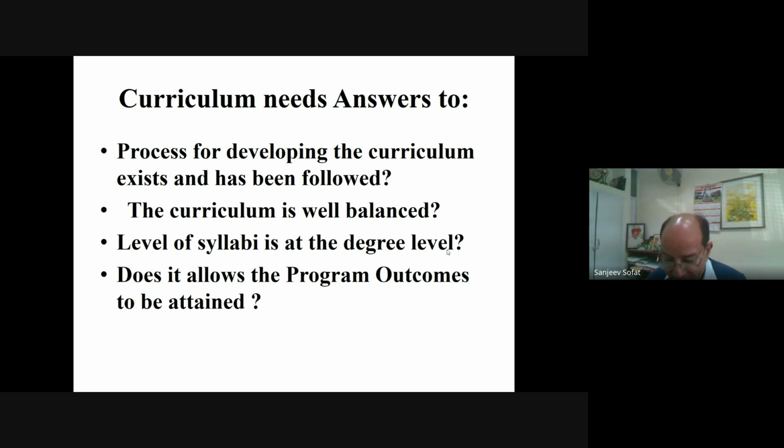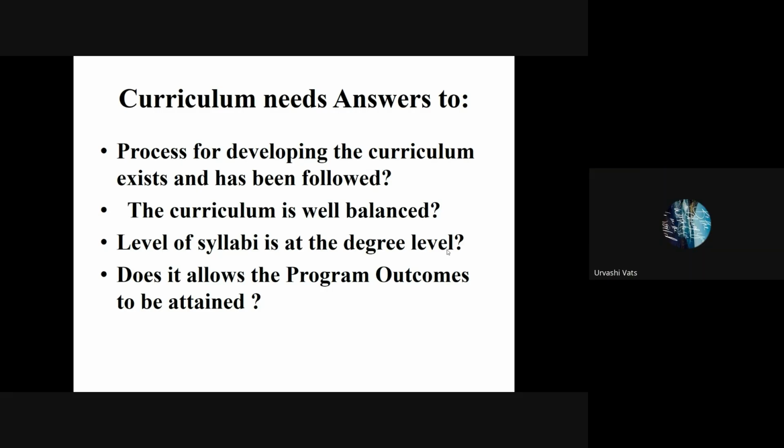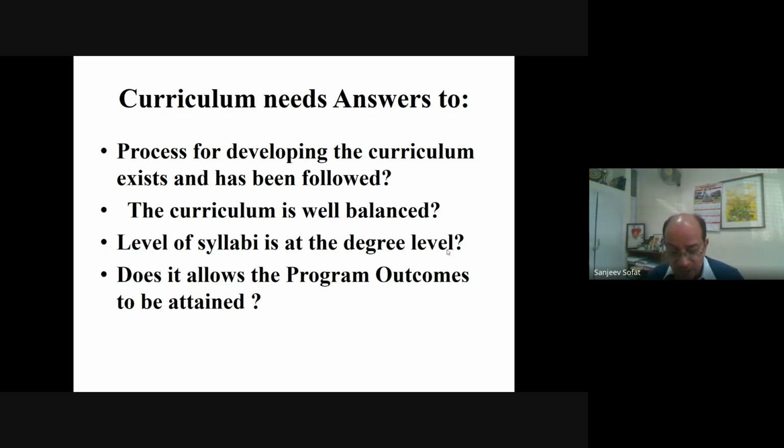Next thing we say, okay, does it map the new education policy of 2020? What are we looking at there? Does it allow a multi-entry, multi-exit system for the curriculum? Let's say somebody wants to leave a program, say a 4-year program, after the first year.